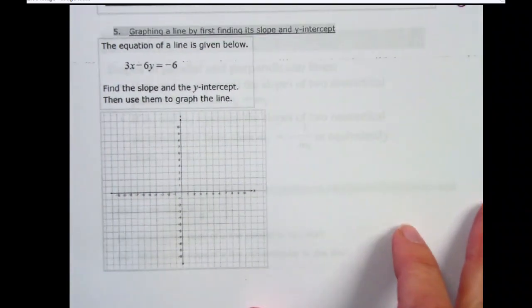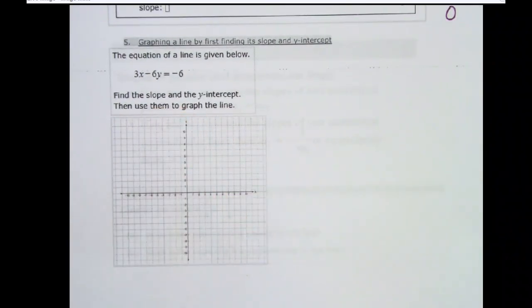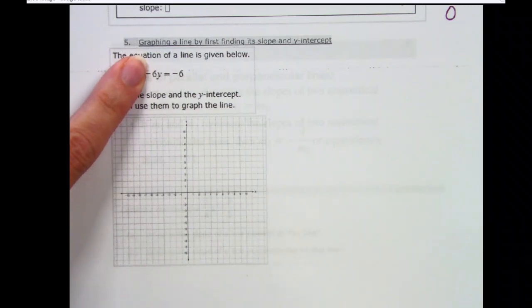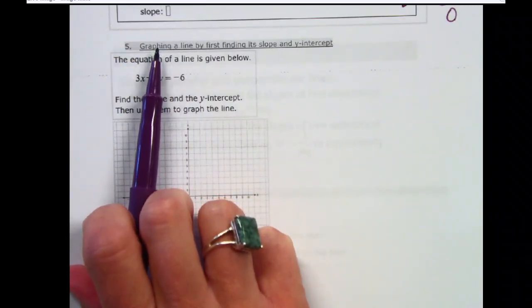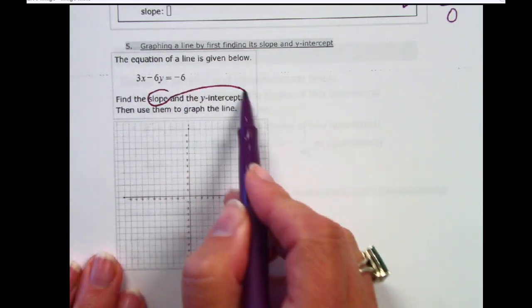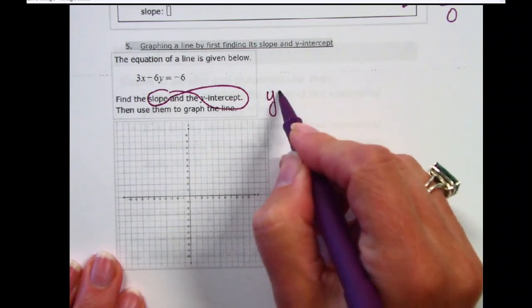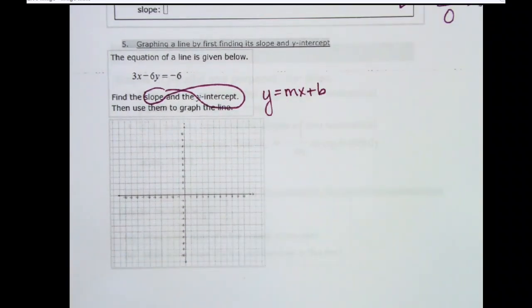Graphing an equation. If it hadn't asked for the slope and the y-intercept, I probably would have done the cover-up method here and just found my x and y intercepts and connected the dots. But because it asks for the slope and the y-intercept, this form is friendliest. So yes, Spencer, I would solve for y.